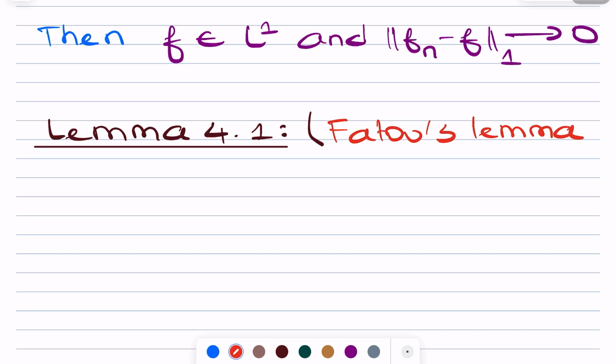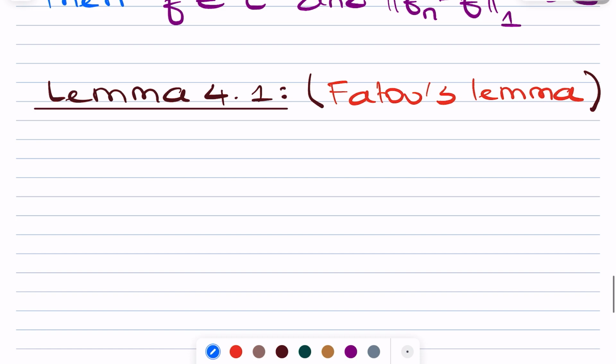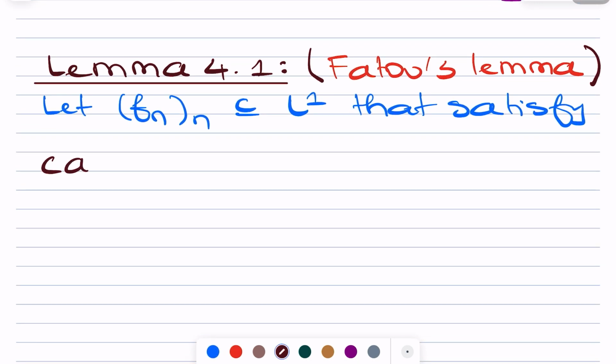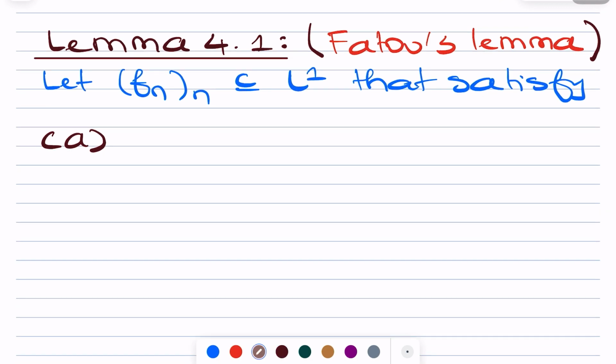Let again Fn be a sequence of elements of L1 that satisfy A, and for every n Fn is greater or equal than 0 almost everywhere. So they should be positive.